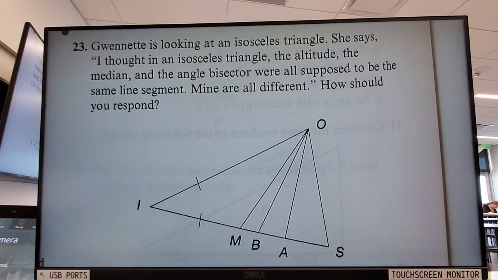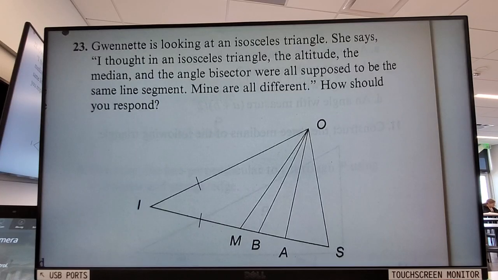If you look up altitude, angle bisector and all that, in an isosceles triangle, let me see if I can get you guys to board on this. This works. What she's saying works, but only for a specific angle. Which angle doesn't make sense that all three of those things would be the same thing? No. Which angle in the triangle?